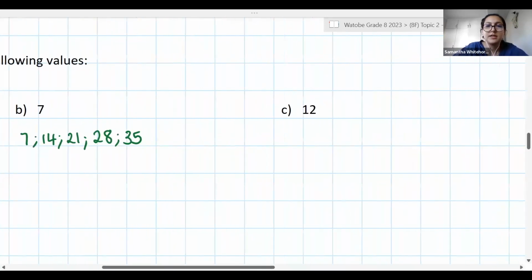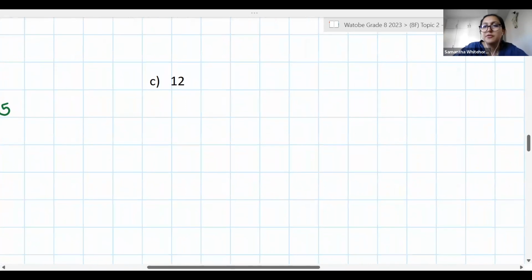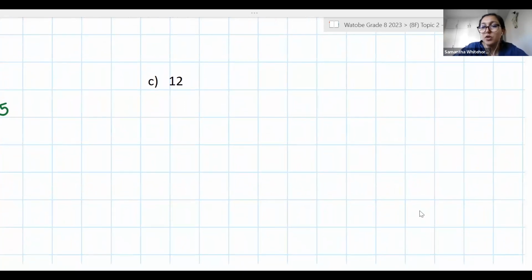Okay, let's have a look at C. So now I want the multiples of 12. Retu, do you want to try this one?